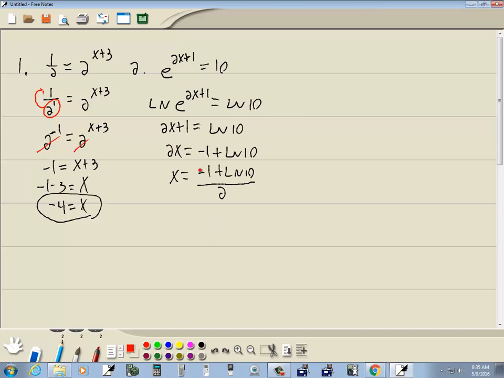Now anytime you put anything in your calculator, if you have more than a single number, or a single variable, a single anything, on top or bottom, numerator or denominator, you want to put parentheses around it.